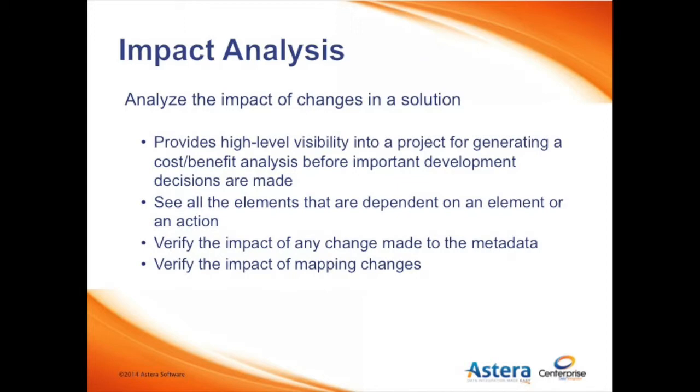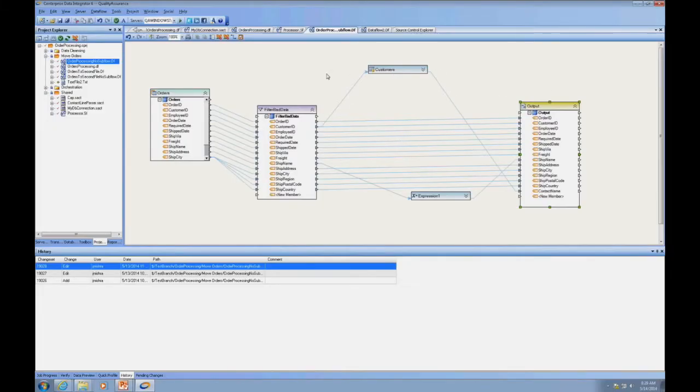We can see the scope of the change, and it will give us an idea of what kind of work is required, and it will make sure that the work that we are doing is not impacting our solution in a big way. You can see all the elements that are dependent on an element or an action, verify the impact of any changes made to any kind of metadata, and verify the impact of mapping changes.